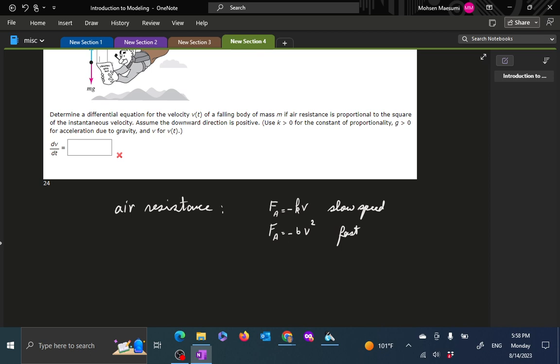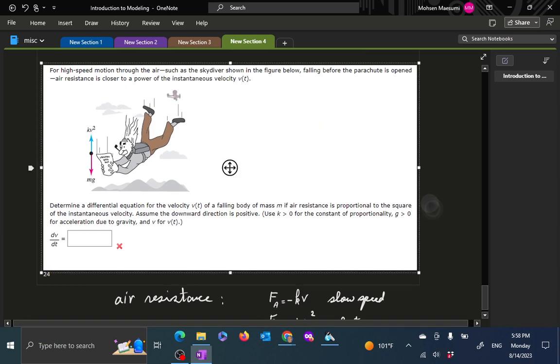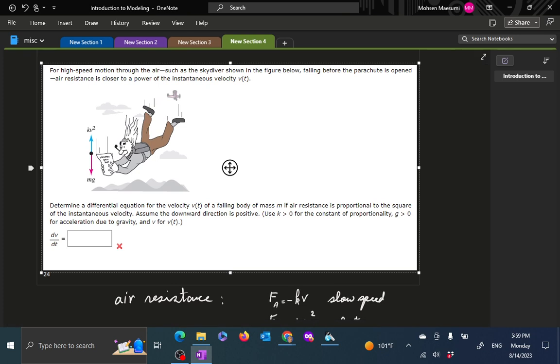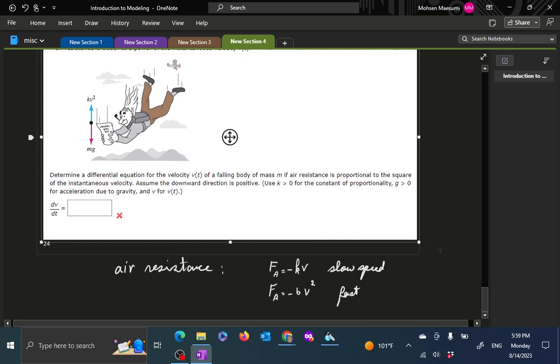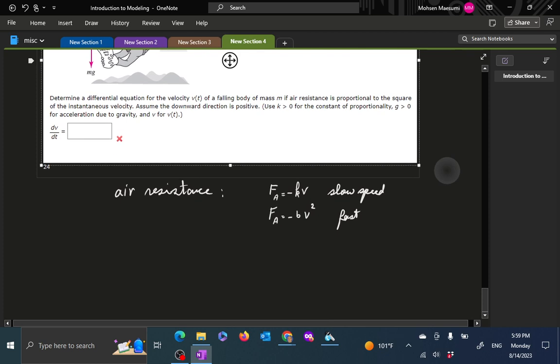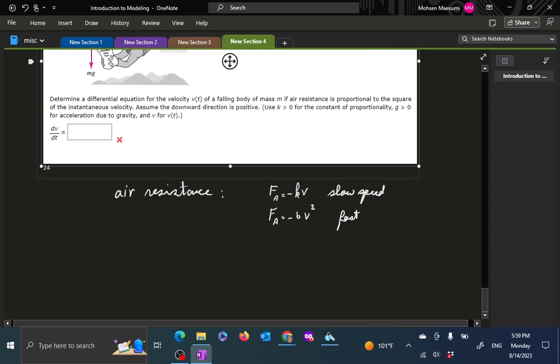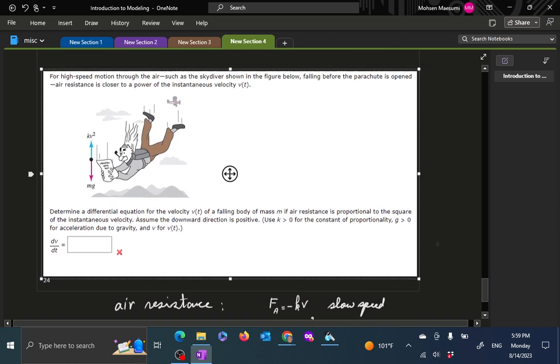Now in your textbook, the constants are sometimes shown with a positive constant, sometimes negative. In your physics and engineering books, if a constant is negative, it's always explicitly showing its negative sign. So just read your text, and make sure you are doing what the textbook is asking you to do.